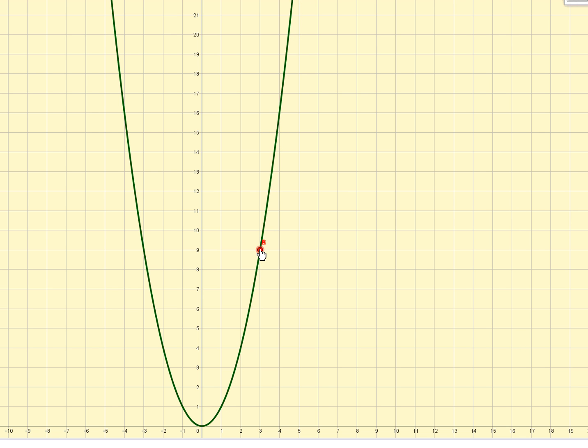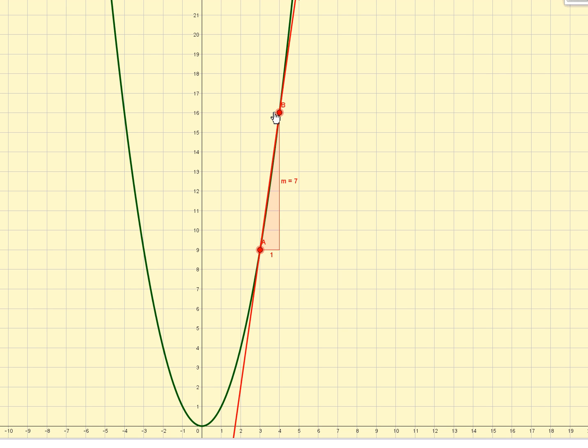So when they're pretty well together, I've got something that looks like a tangent. So can you see that if I can get these points really, really close together, I can get quite close to creating my tangent line, and the tangent line, because it's just touching there, has the gradient of the curve at that point.